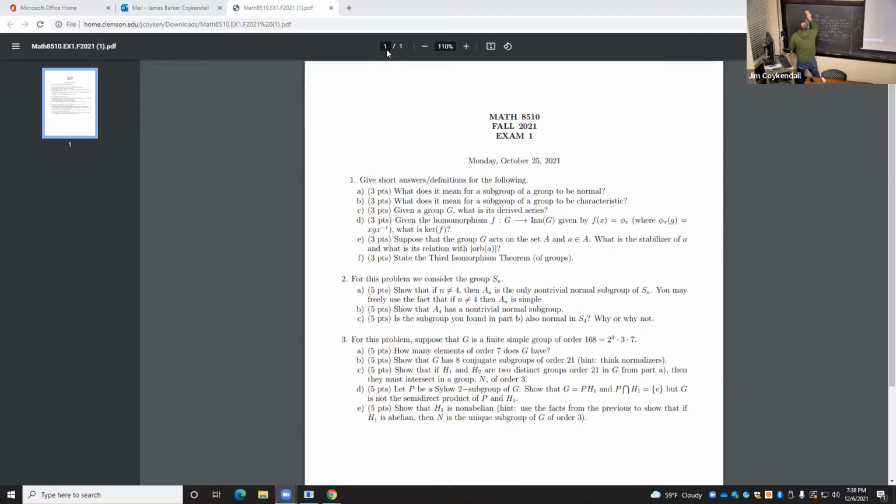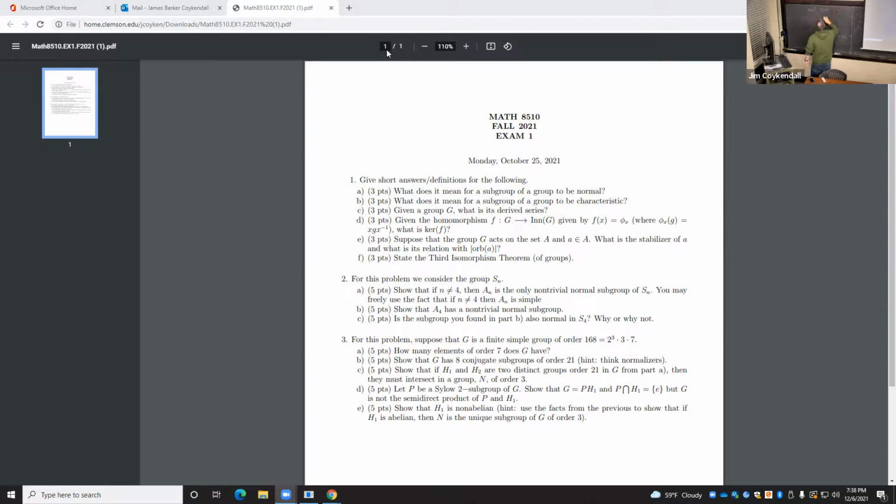So P is a Sylow 2 subgroup. Let's just count the number of elements, just like we did before.